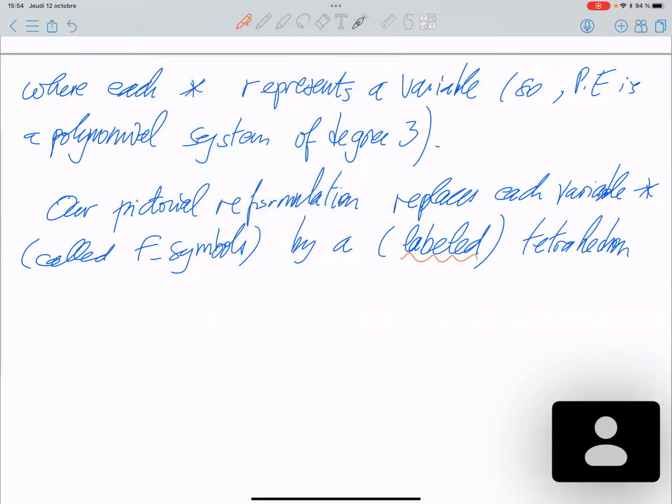So it will be labeled, not today, but when we explain the details, by objects of the category and morphisms of the hypothetical category, because we want to categorify a fusion ring.